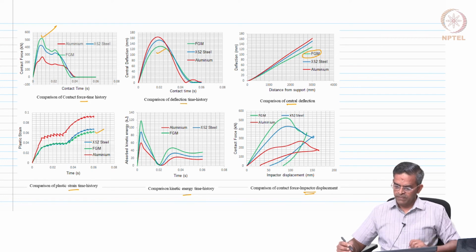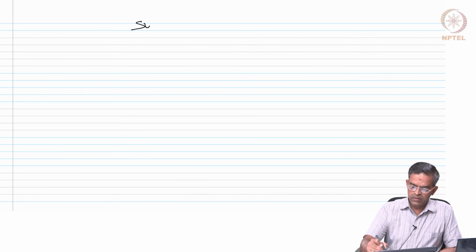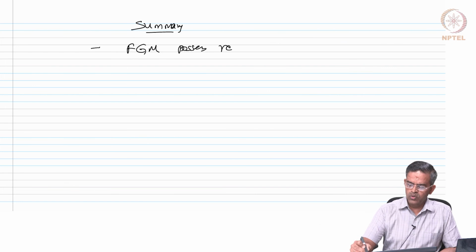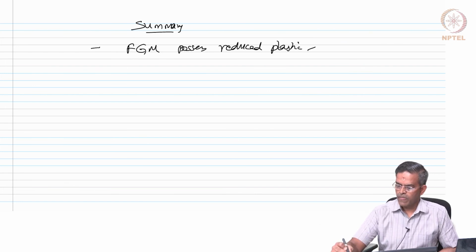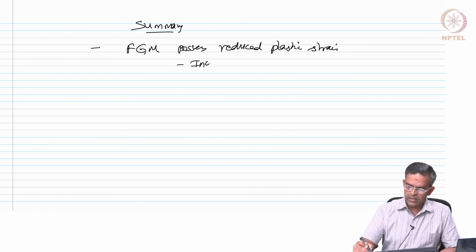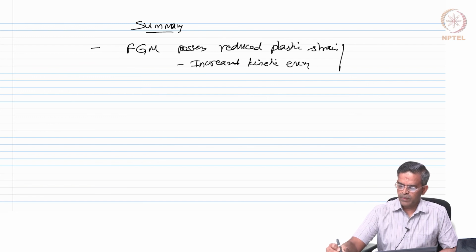Having said this, we can now summarize that FGM possesses reduced plastic strain, it also has increased kinetic energy compared to X52 steel.